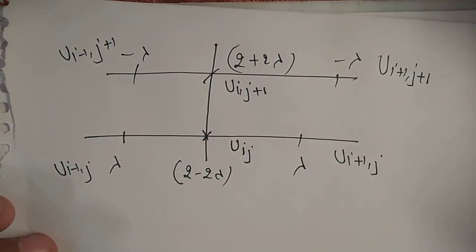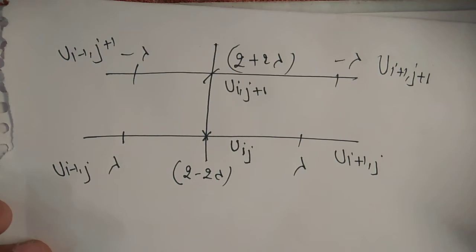Now let us try to use this Crank-Nicolson formula in this problem. So I'll write the formula here. It's very easy if you remember the table.